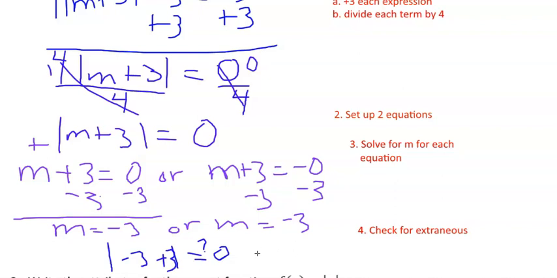So negative 3 plus 3 is 0. The absolute value of 0 does equal 0. So that means that m equals negative 3 is a real solution.